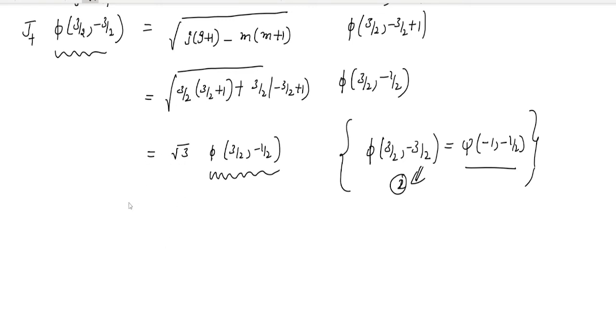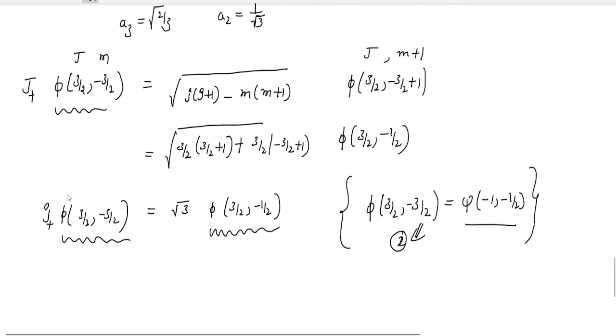So try to write this thing. So here I got j plus pi 3 divided by 2 comma minus 3 divided by 2, right? So okay, interchange this equation like this.